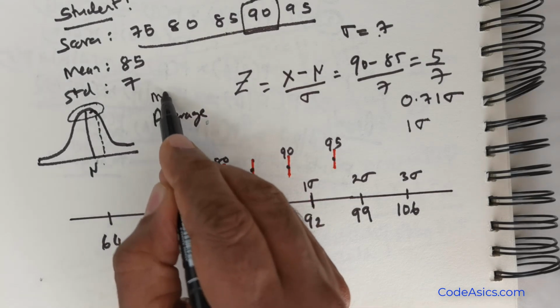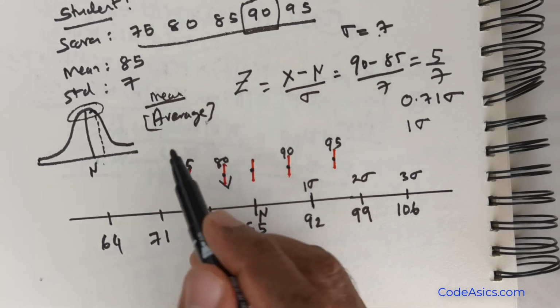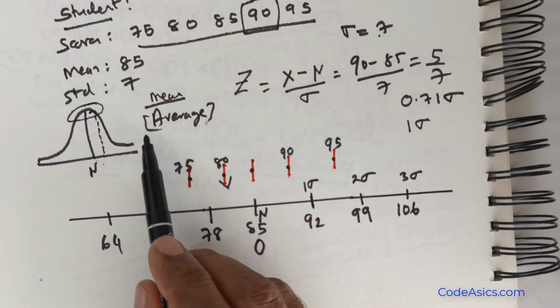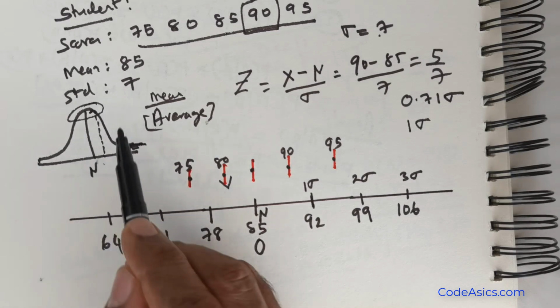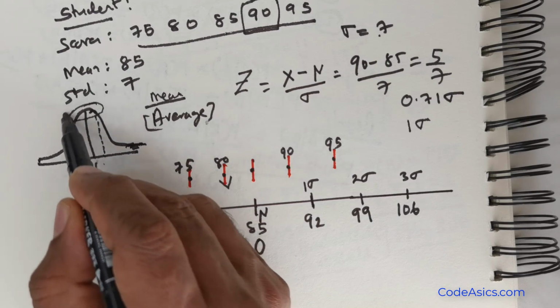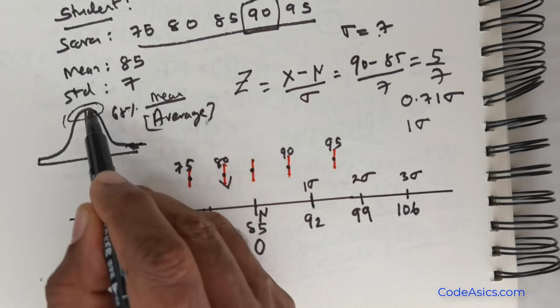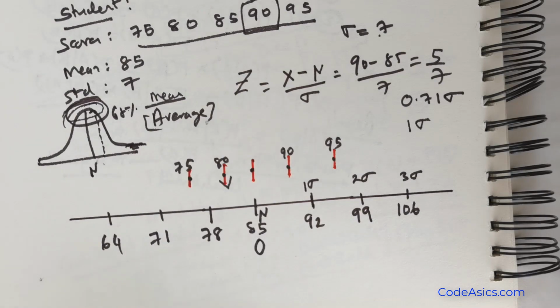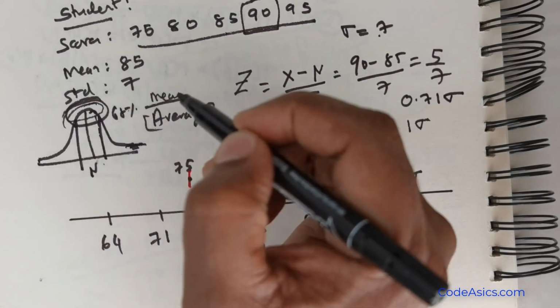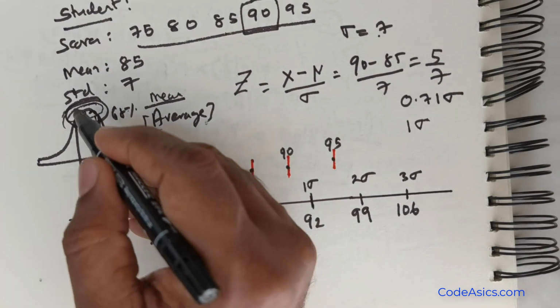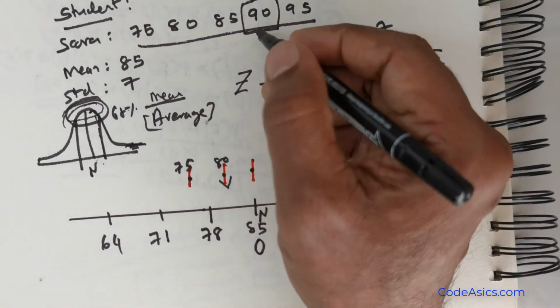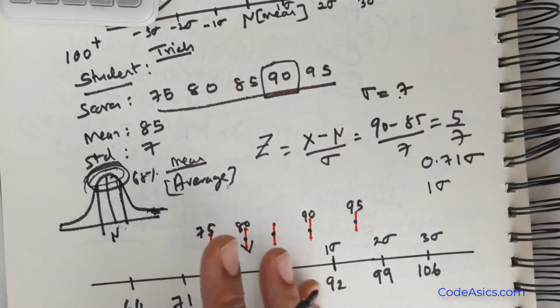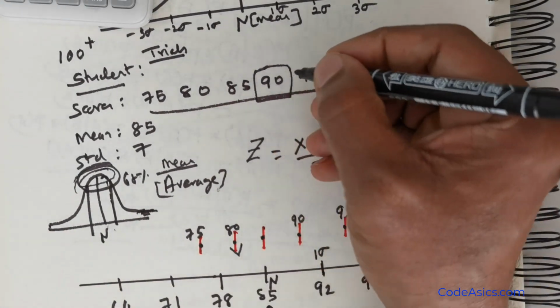The very fact that we call mean to be an average value is because all the values are actually located here. That is the reason that we associate most of these measures to a bell-shaped curve. So if you have the mean, 68% of the values are located around the mean, around the 1 standard deviation. The majority are hovering here. So that would mean the person's performance has not scaled up. So it's just a little better. Maybe to just encourage the person, the score is a little better.